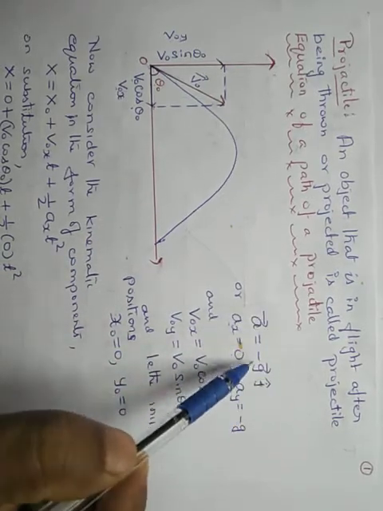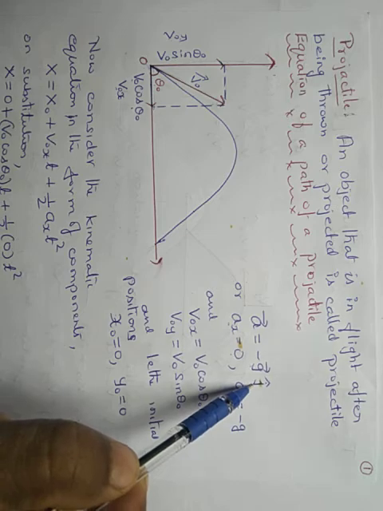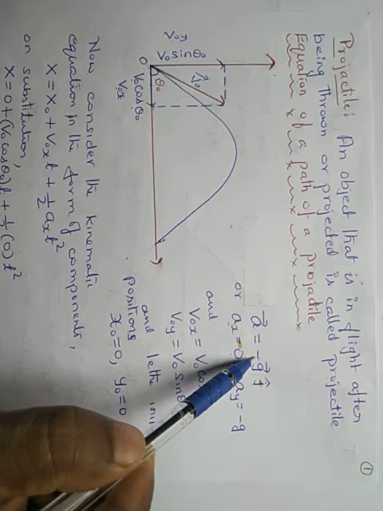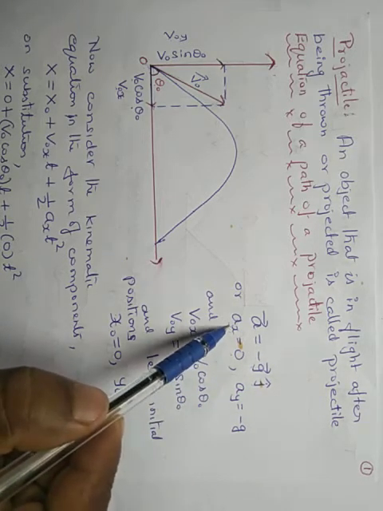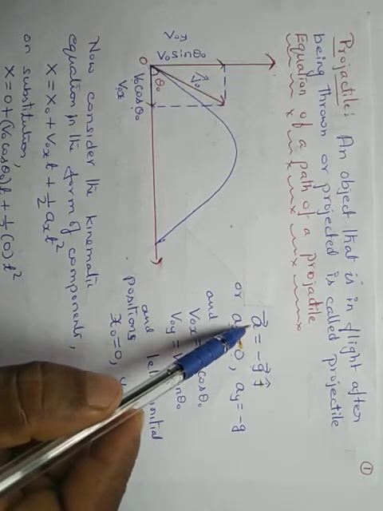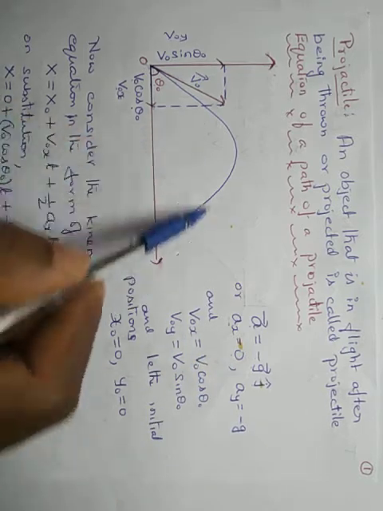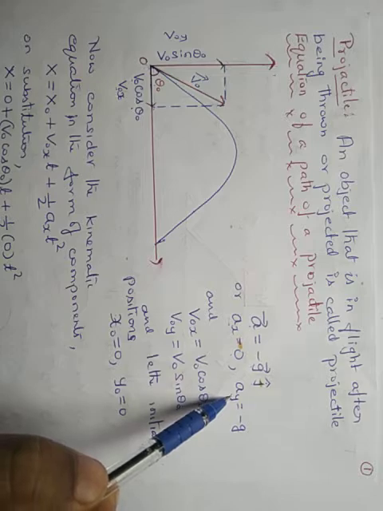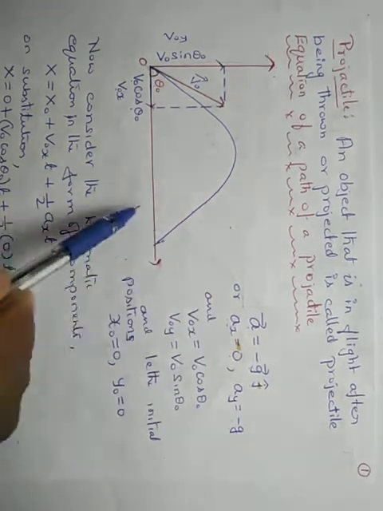So acceleration is minus g j unit vector. J represents acceleration only along the y axis, and the negative sign represents the negative y direction. The x component is 0, and the y component is minus g.